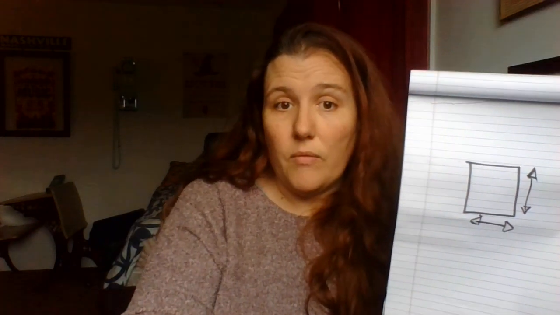2 dimensions is sometimes depicted as a simple shape, like a square. Instead of just having side to side, which is our first dimension, we also have up and down, which is our second dimension, right?